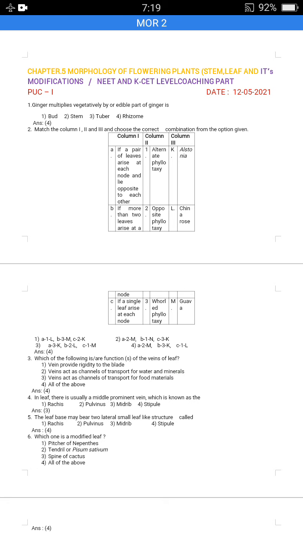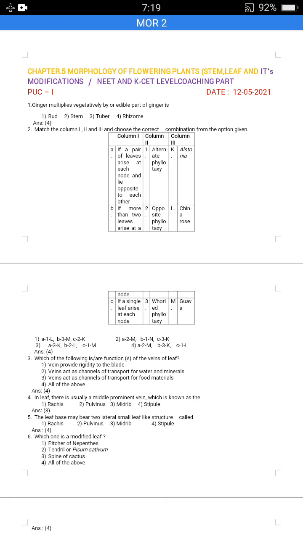So now we matched column 2 with column 1. Now let us match column 2 with the examples in column 3. Alternate phyllotaxy examples, as we learned in the previous class: China rose, mustard, and sunflower. Next, opposite phyllotaxy examples: Calotropis and Guava. Next, whorled phyllotaxy: Alstonia.